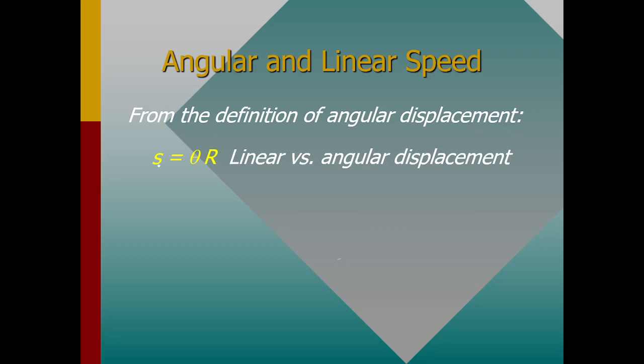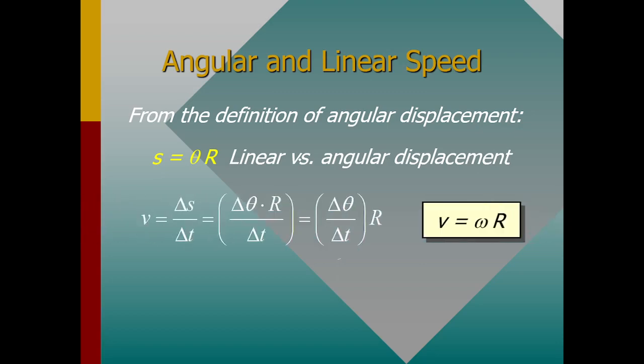Velocity is the change in distance over time, which is change in S over change in time, which is change in displacement times radius over change in time.